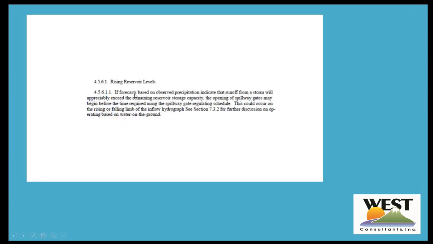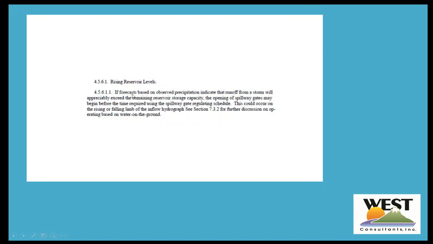Now I pulled this statement out of the Corps of Engineers Engineering Manual 1110-2-3600. It's the management of water control systems. And it deals with operating based on forecast. And this directly applies to these induced surcharge envelope curves.